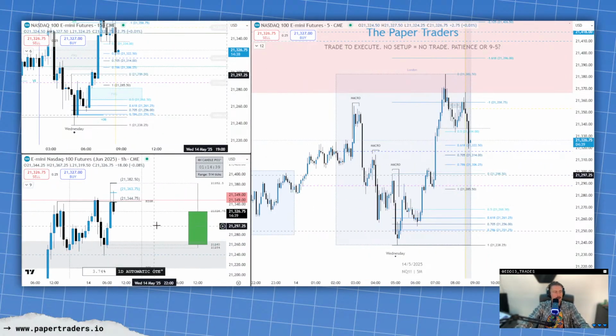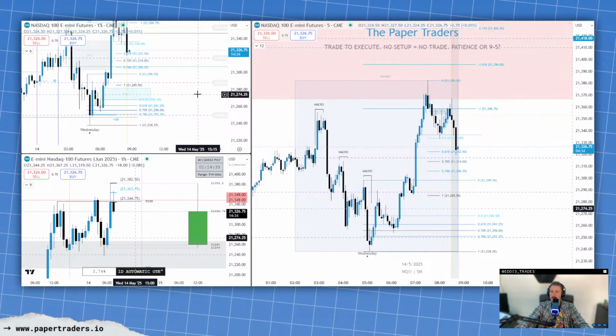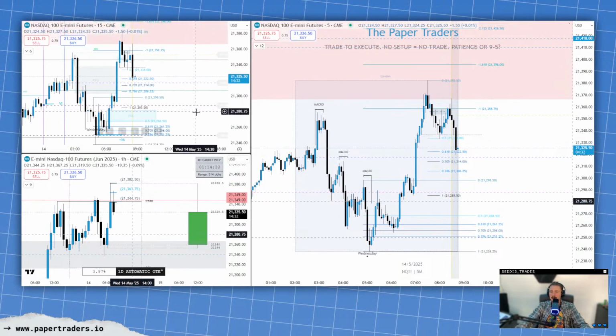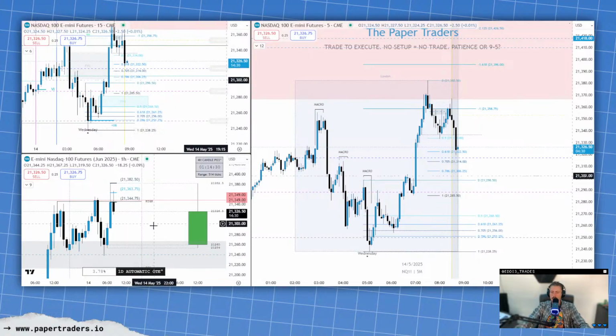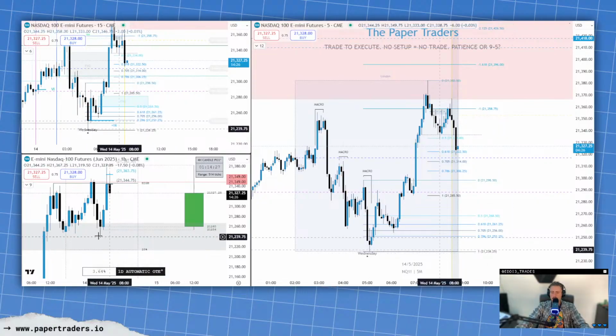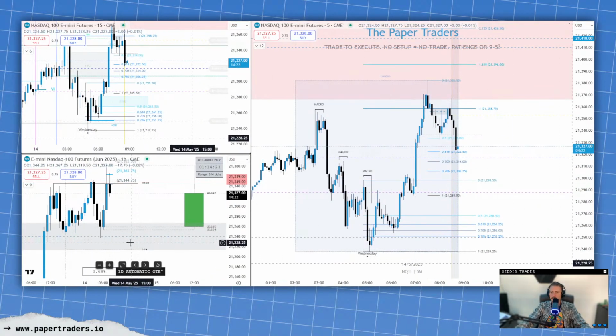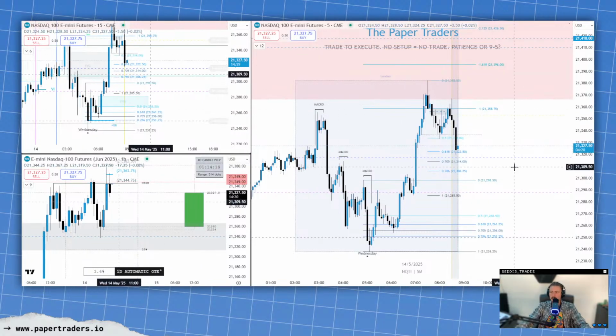Given it is an S&D day, it doesn't really matter what we have to the downside or the upside. That is mostly a play on liquidities. If we swept the top and can't displace above the previous day high, we're probably going to go take out this low. If we take this out and can't displace below it, then we're probably going to go back up over here.